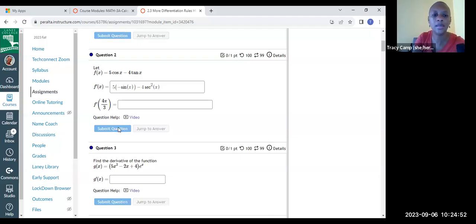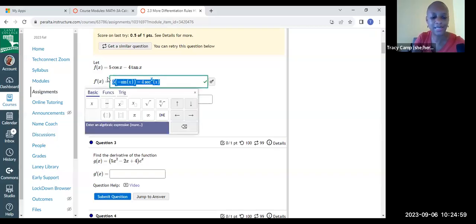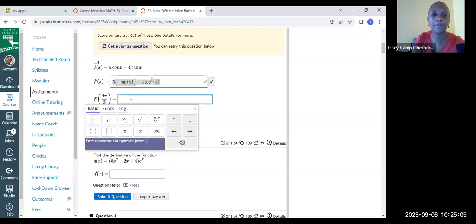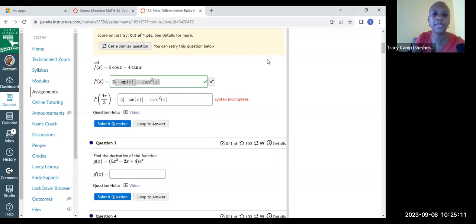For the second part of this problem, you can do what I did in the last problem, in the first video, part 1, which is copy and paste this stuff and replace all of your x's. Notice what's inside the parentheses. This is saying find f prime of 4 pi over 3.